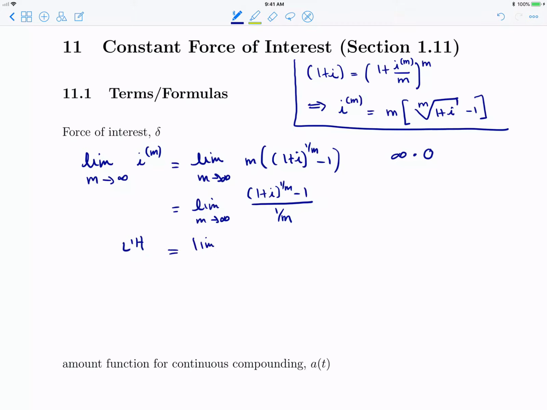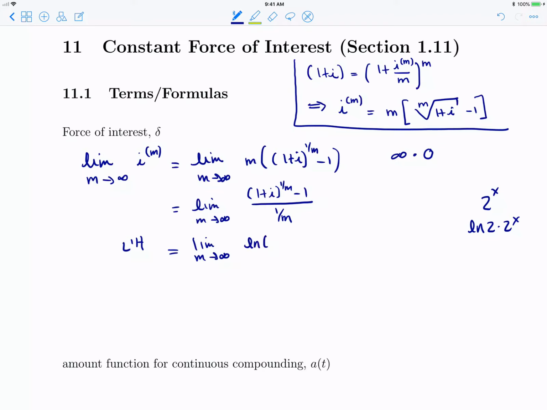And we get the limit as m goes to infinity. L'Hopital's rule says take the derivative of the top and the bottom. So the derivative of 1 plus i raised to the 1 over m, that's a constant raised to a power, kind of like 2 to the x, and the derivative of 2 to the x is ln of 2 times 2 to the x times the derivative of the x. So that's the rule I'm using here.